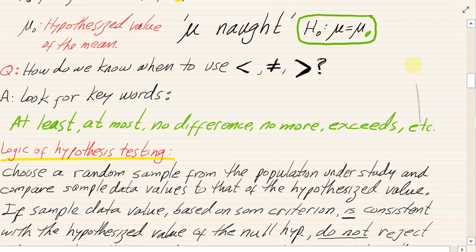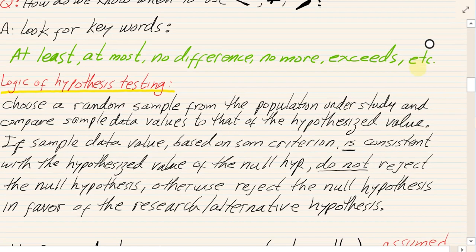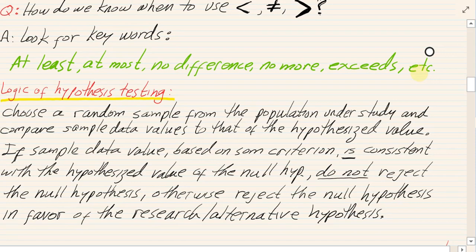Now, how are we going to actually go about doing this? This is the logic of hypothesis testing. Let's say I made a claim: the average student at community college makes $120,000. So how are you going to go about disproving what I claimed? Your steps are as follows.